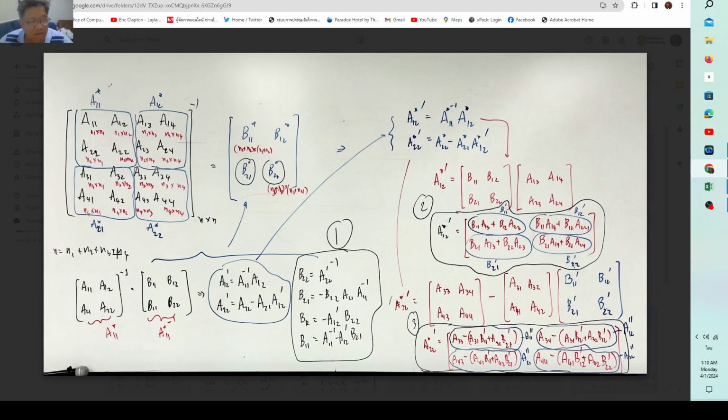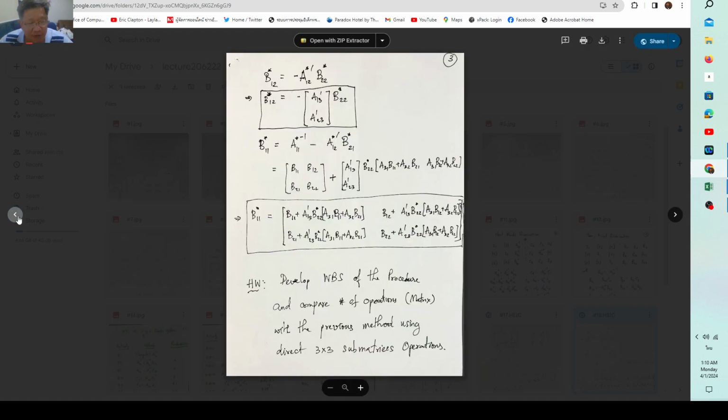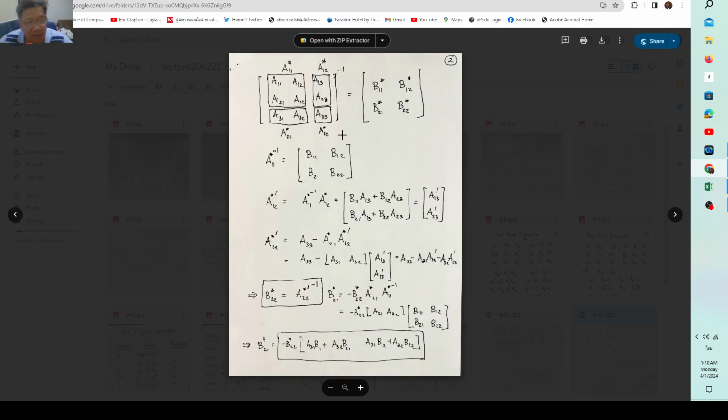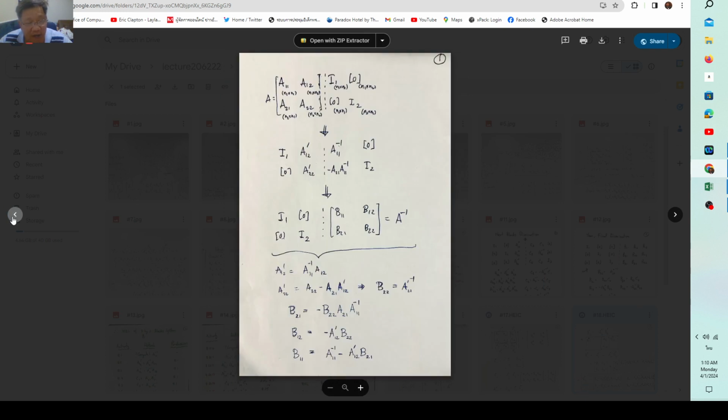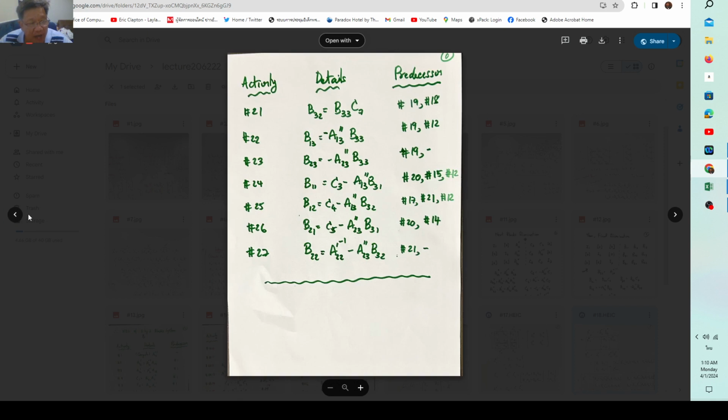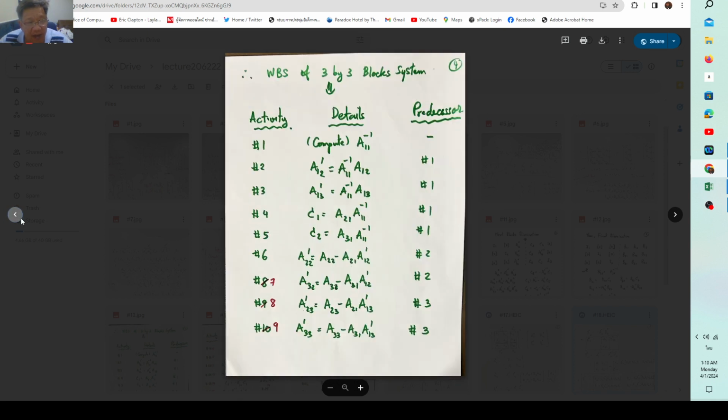But actually you need to answer this question first, right? We don't really know whether the idea that Gemini recommended me, by keeping on using the formula of 2 by 2 and expanding to the size 3 by 3, 4 by 4, is better than the direct analysis that we are doing here, right?